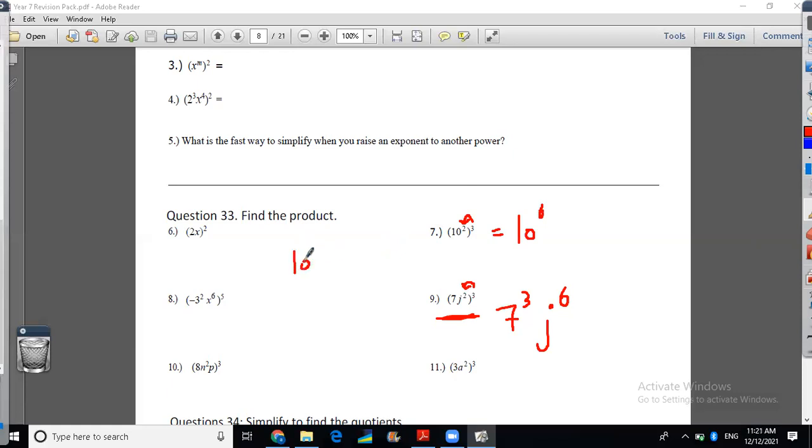But if I say 10 to the power of 2 and I'm multiplying it by 10 to the power of 3, oh, here I add the powers. So it's 10 to the power of 5. Focus, everyone, please. If I'm multiplying the same base by each other, we add the powers. But if I have only one base to one power and all is to another power, I multiply the powers.